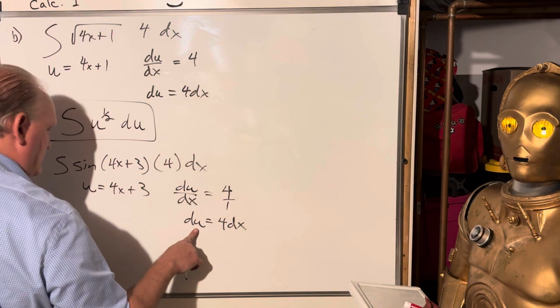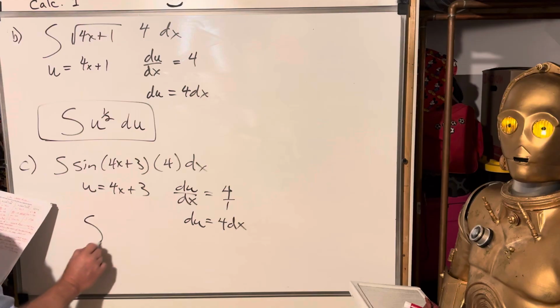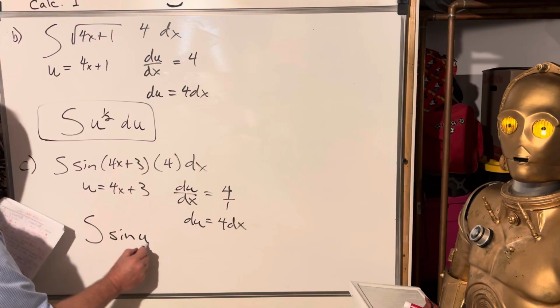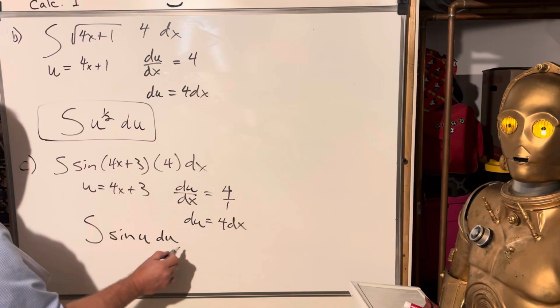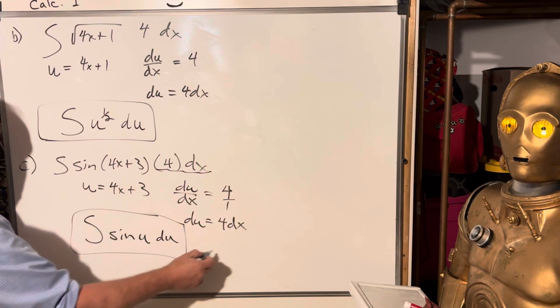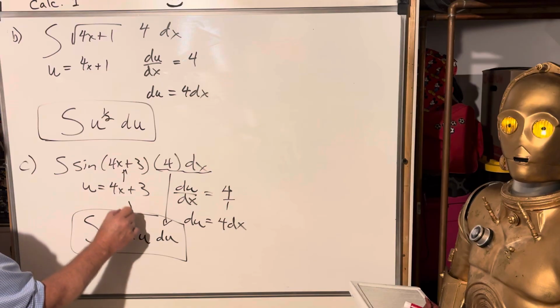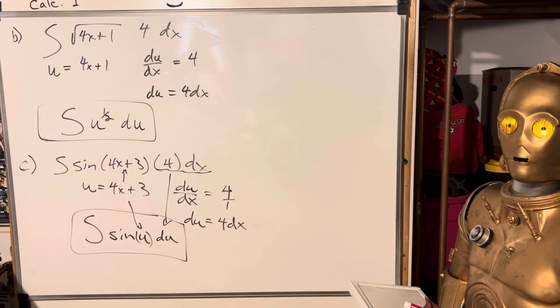And now I've got du and I've got u, so I'm integrating the sine of u du. And it's all right there. This is du, and this is u. All right.